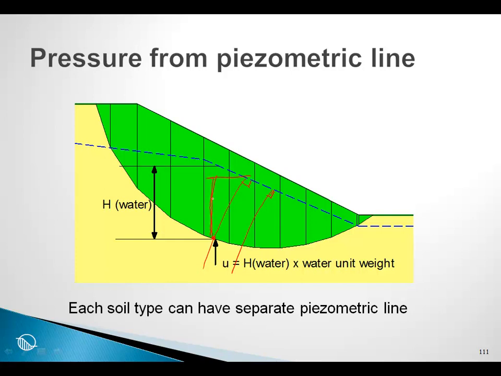But it is worth recognizing that, particularly if there is a significant amount of vertical flow, the equipotential lines are such that the pore pressure at the base of the slice is not exactly represented by the vertical height from the base of the slice up to the piezometric line.